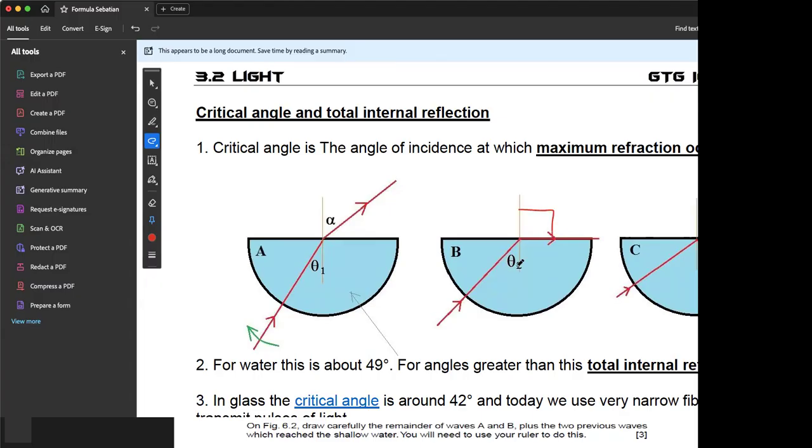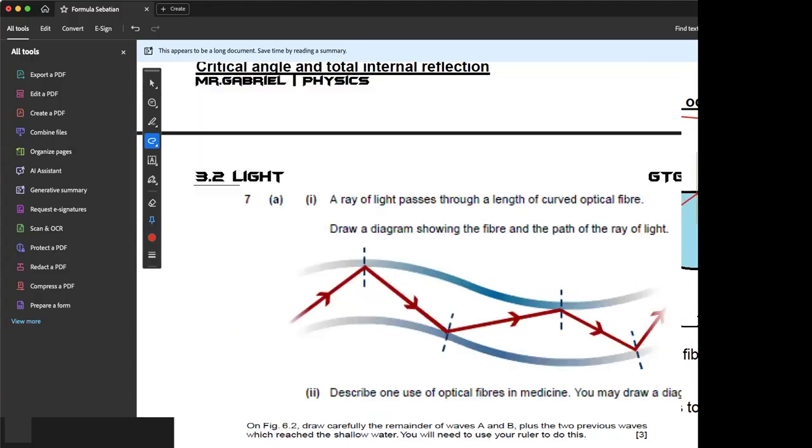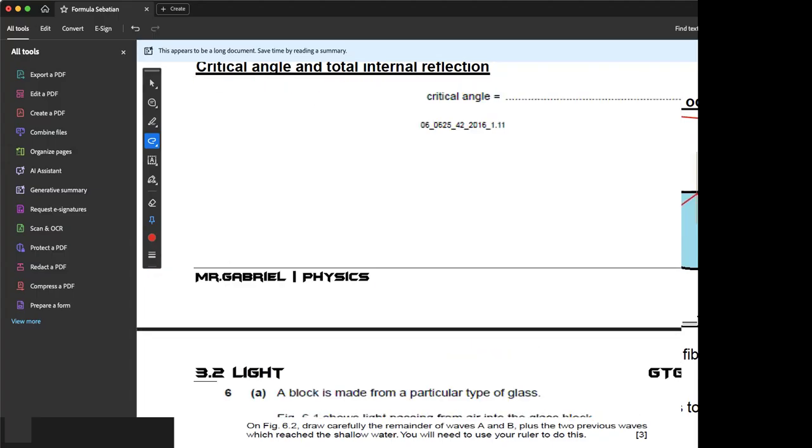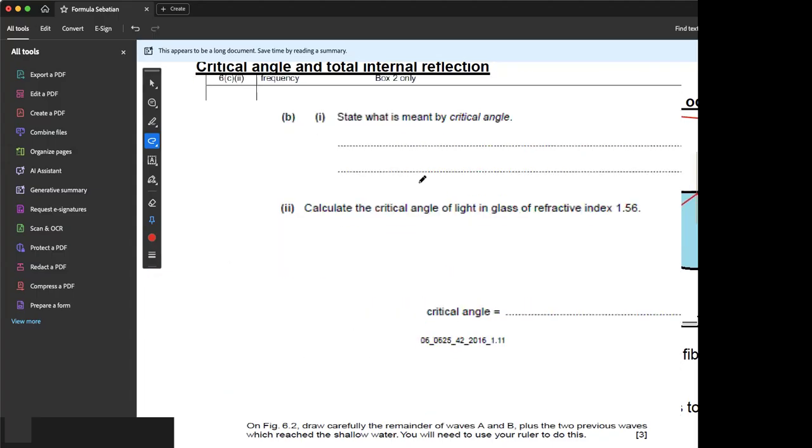So what she said is correct, but it's very scientific. I usually don't like to write these kinds of answers because I know that in the exam I won't be able to write this. We simplify it and say it is basically the angle where maximum refraction occurs. This is what we call the critical angle. Please write that down: angle where maximum refraction occurs.